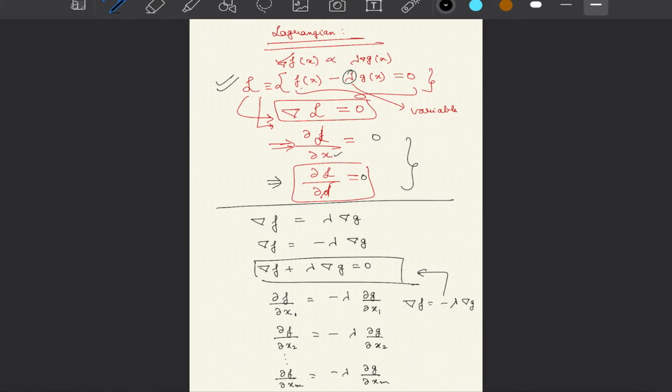Also, when you look at the function specified here and what we have written here, we are essentially looking at the same thing.